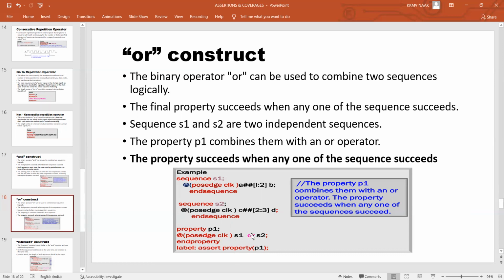By using the OR construct, you are saying these two sequences are independent of each other, so there is no same starting point or same ending point requirement. The property succeeds when any one of the sequences succeeds; otherwise your property will fail.